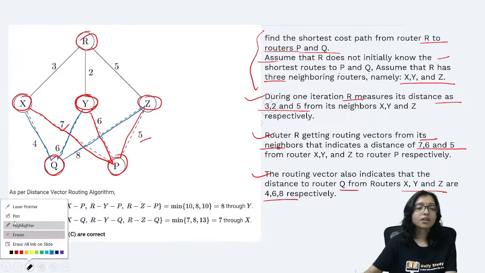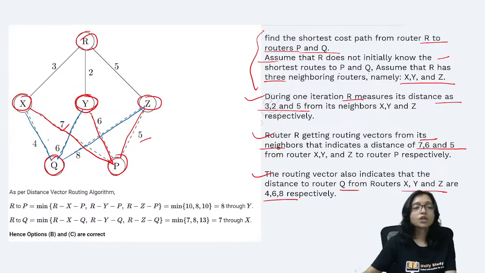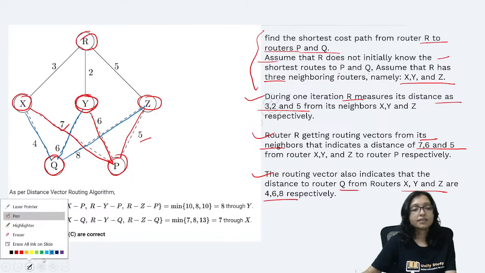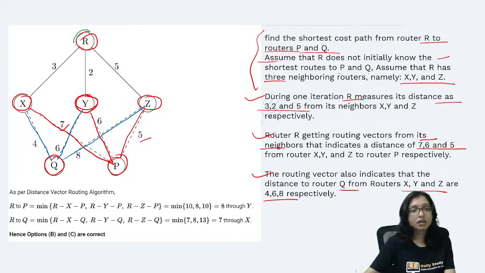You can see here from R to P. If I am finding the distance from R to P, there are different ways I can find it: 3 plus 7, 2 plus 6, 5 plus 5. Which one is less? Out of them 8 is the least.